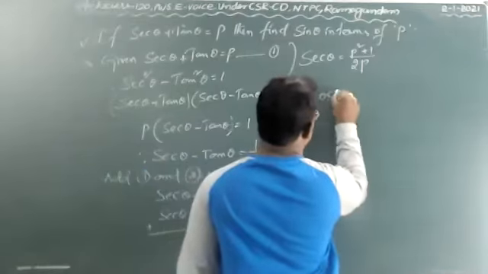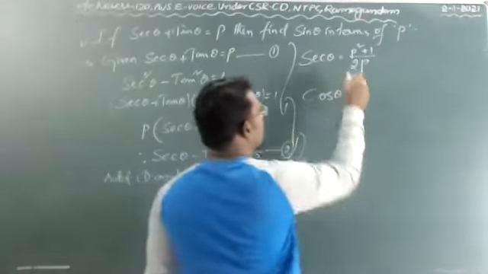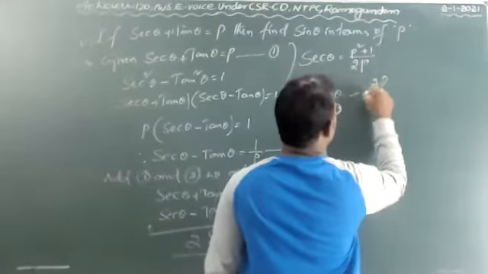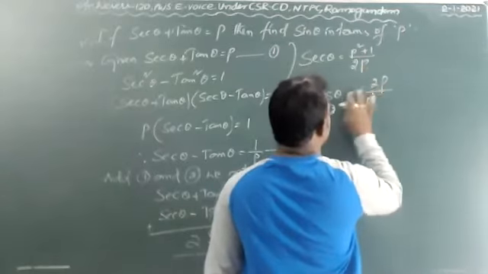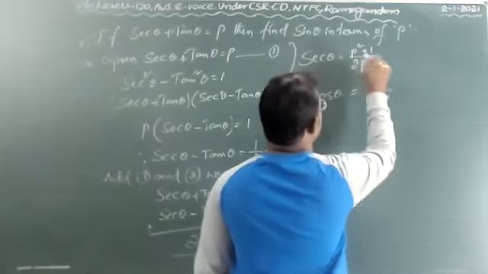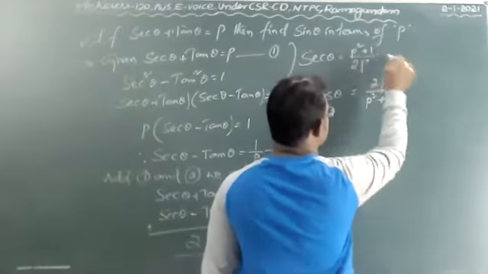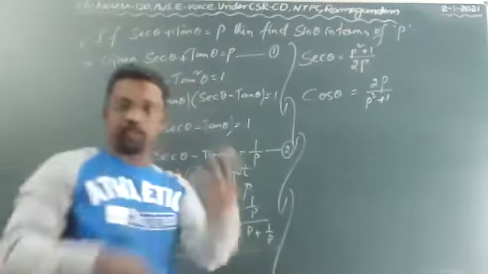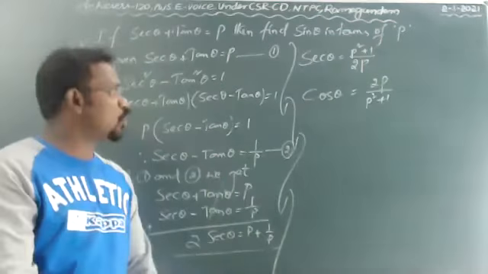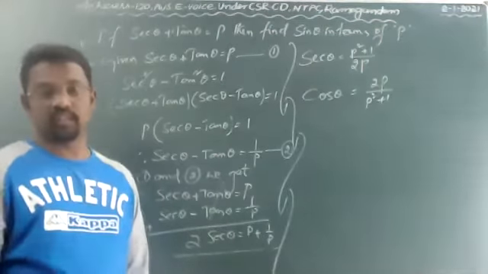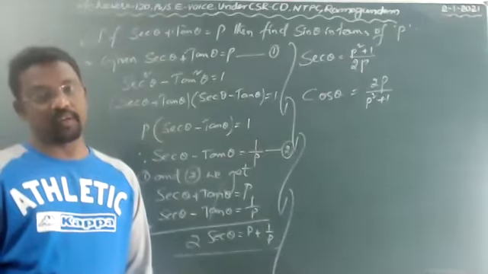Here also you have to do the reciprocal. So you will get P square plus 1 by 2P reversed, that is cos theta is equal to 2P by P square plus 1.